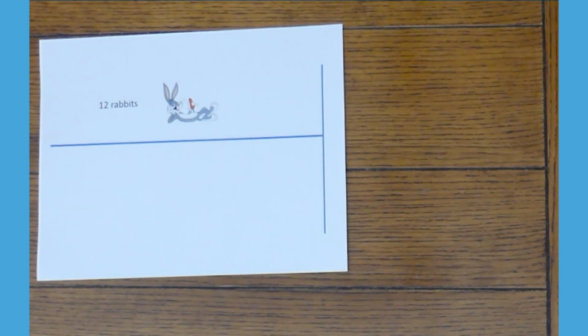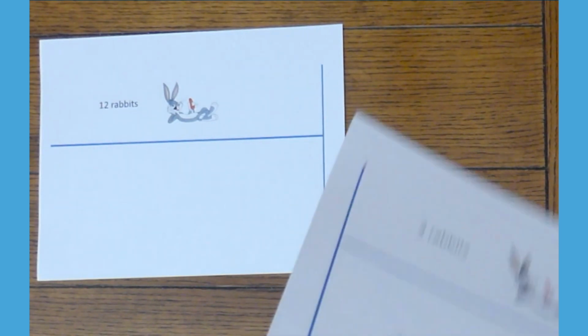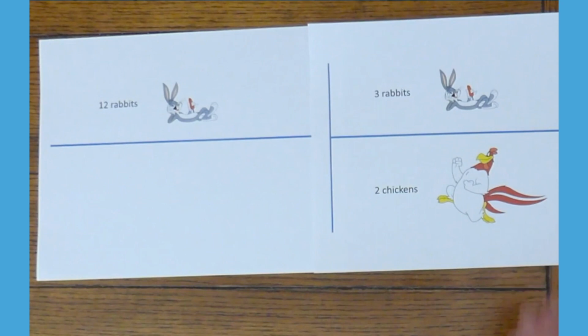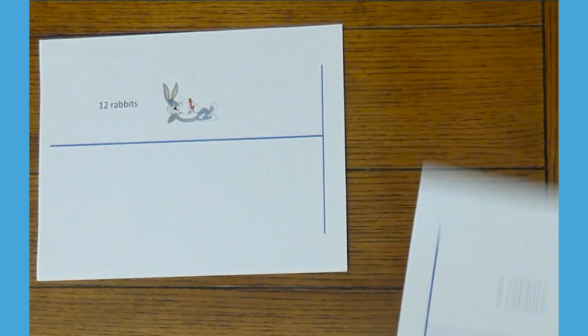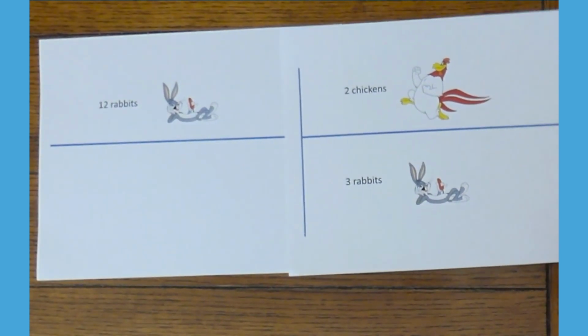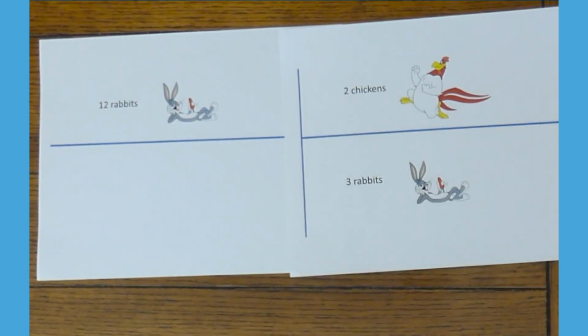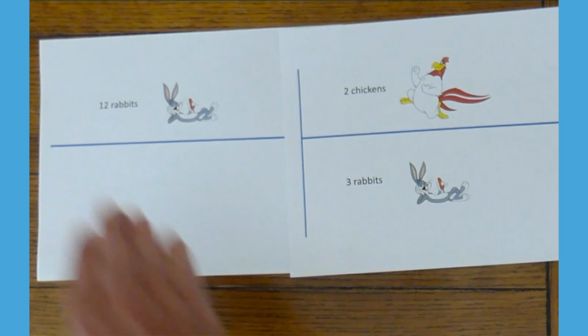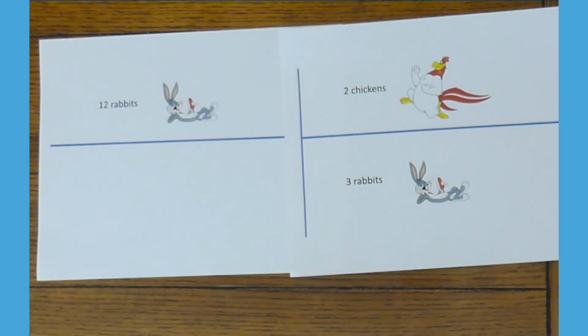So I found this one with 3 rabbits. I can get 2 chickens. Notice that nothing cancels, so that one really doesn't help us. Here's one with rabbits on the bottom and chickens on the top. So that would be a good step.